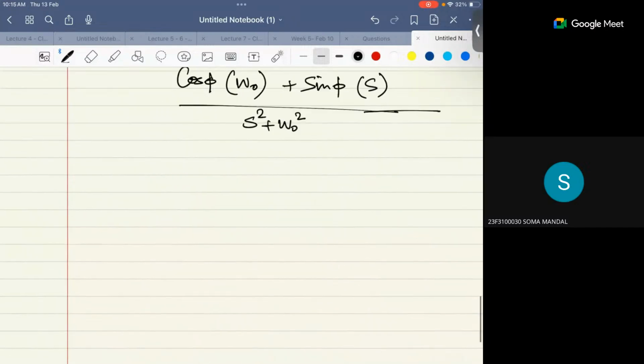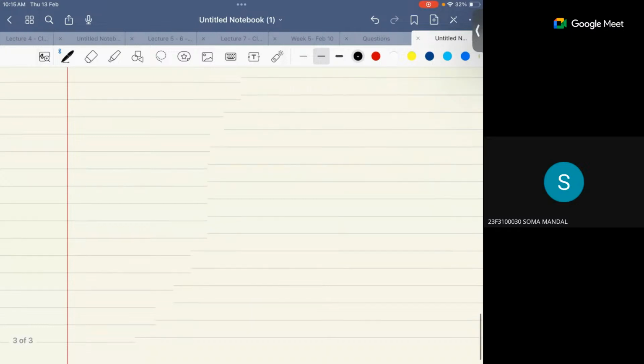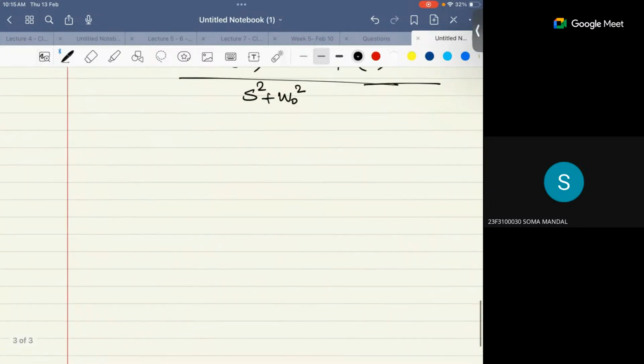Let's discuss a circuit. If you have been given the circuit, then how will you calculate? So this is V in, say V i.